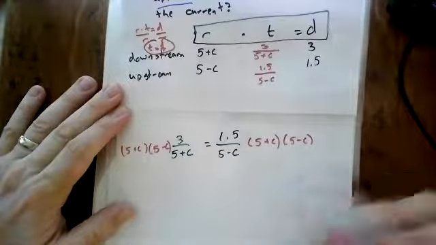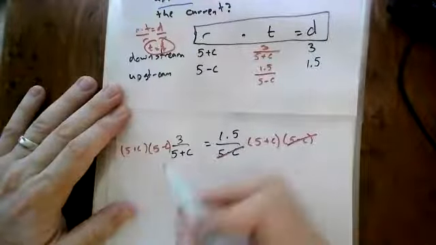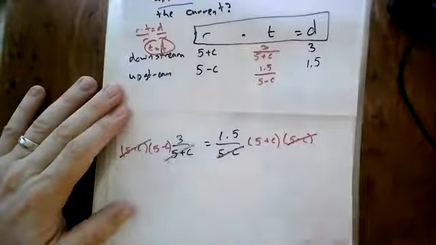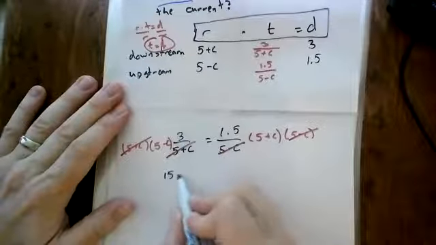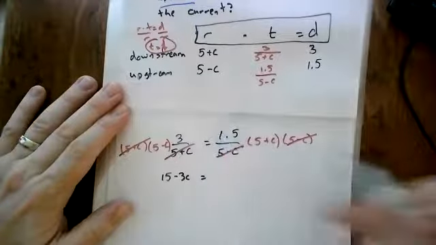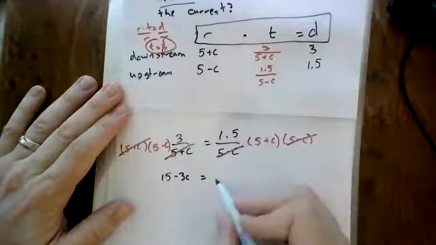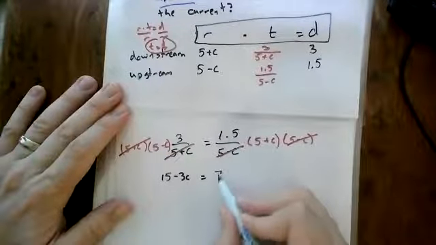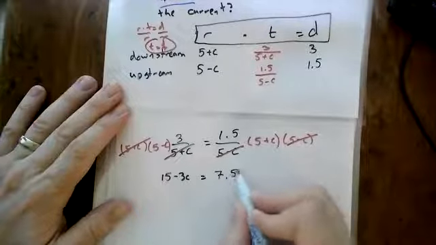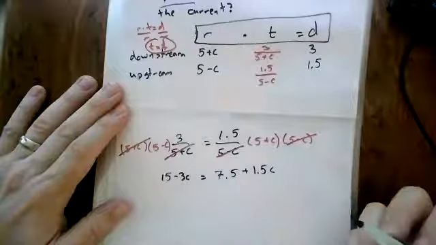And the nice thing is, because it's a common denominator, it'll always cancel out. So I'll have 3 times 5 minus c, that's going to be 15 minus 3c. This is going to be equal to 1.5 times 5 plus c. That's going to end up being 7.5 plus 1.5c.